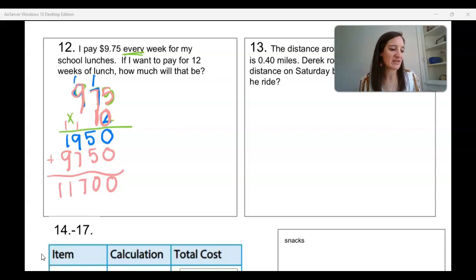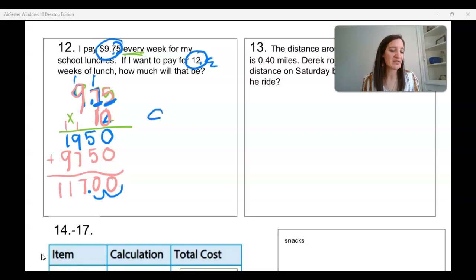So if we go back to the problem, we times 9.75 and 12. Well, there are 2 numbers behind that decimal, and the invisible decimal there doesn't have anything behind it, right? So there's only 2 numbers behind the decimal, which means I am also going to have my answer have 2 numbers behind the decimal as well.